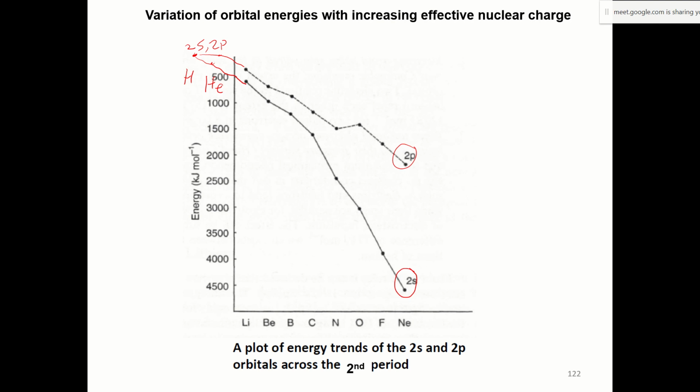As long as there is one electron, it stays the same, which is why in hydrogen 3s, 3p, 3d have the same energies, and 2s, 2p have the same energies. After that, gradually, as you increase the number of protons in the nucleus, it attracts the electron strongly, and so both the energies go down.